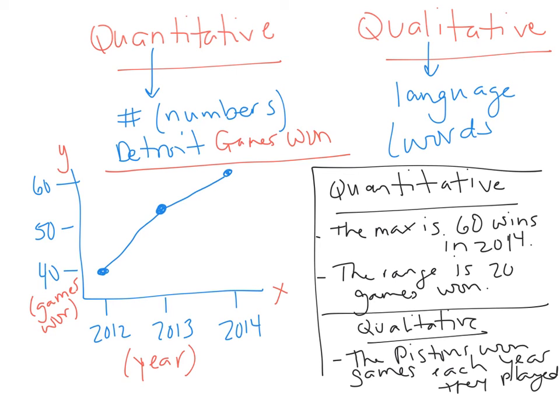Okay, that would be qualitative. It just uses words and describes what the graph shows here. It shows that the graph increases, that they won more games per year, but it doesn't necessarily say how many they won. That would be a qualitative response, different from quantitative. The key thing you need to remember is N stands for numbers, L stands for language.